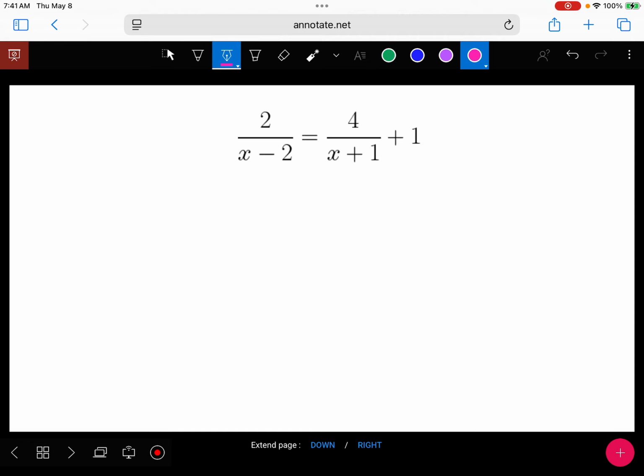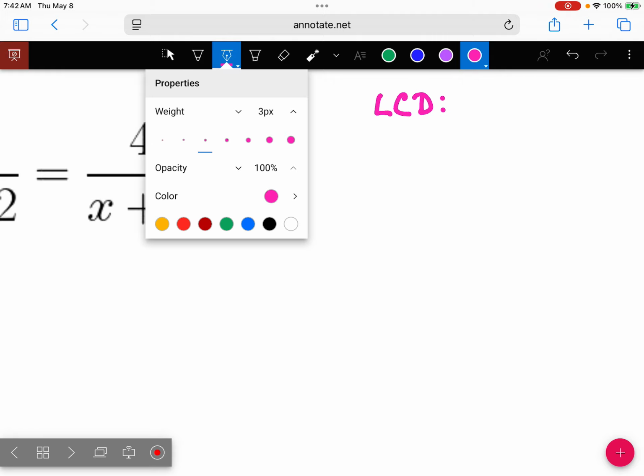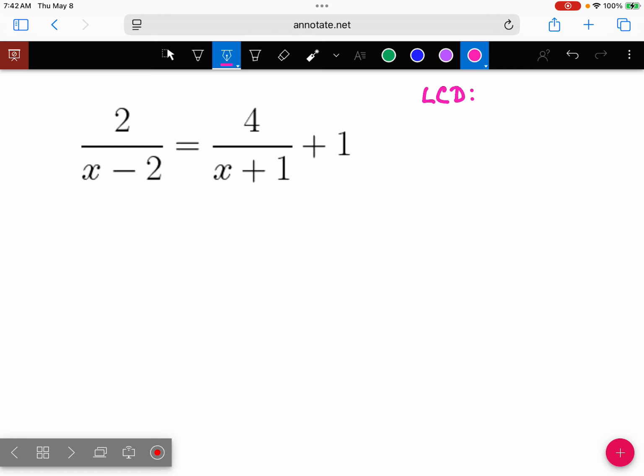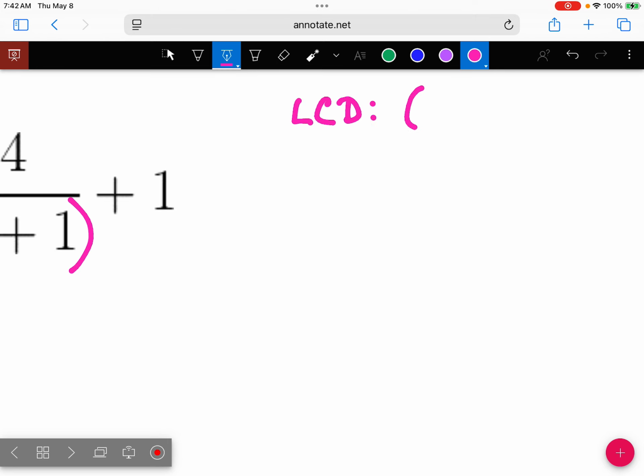So what is going to be in our least common denominator? What pieces do we need to have? X plus 1. Yep, think of these as factors. So we're going to have our x plus 1.